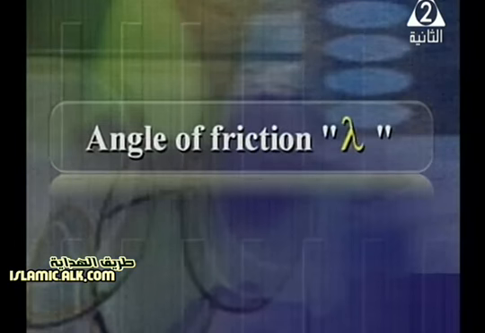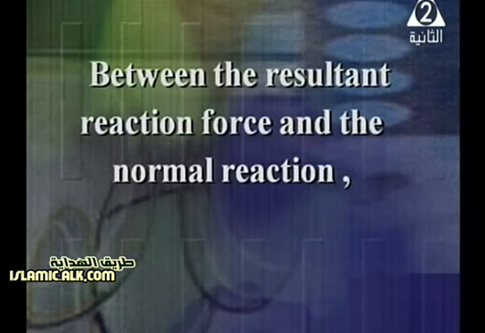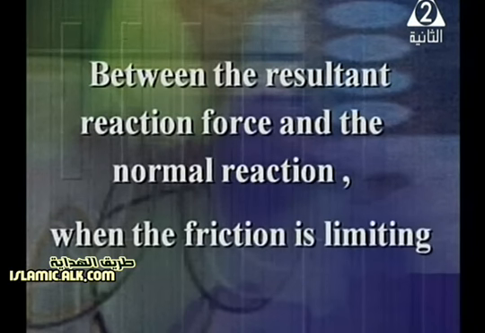What is the meaning of the angle of friction? Lambda. The angle of friction is the angle between the resultant reaction R dash and the normal reaction R or N, where the friction is limiting.